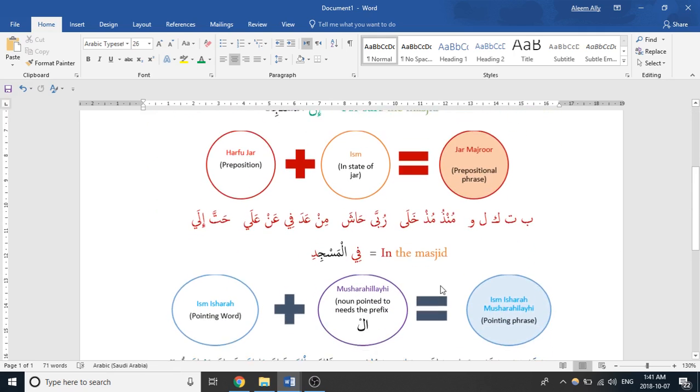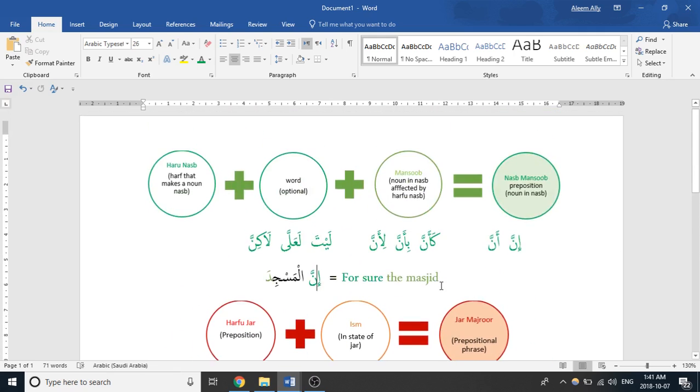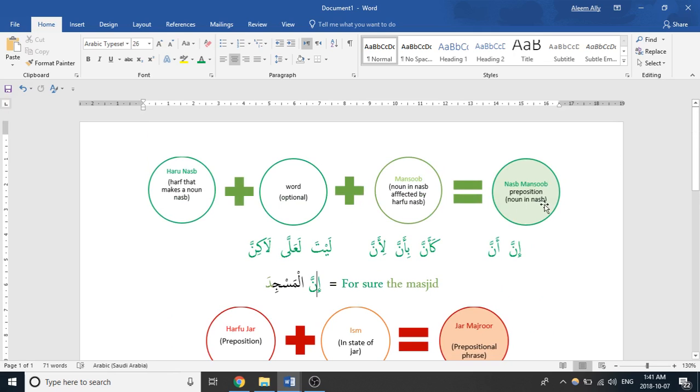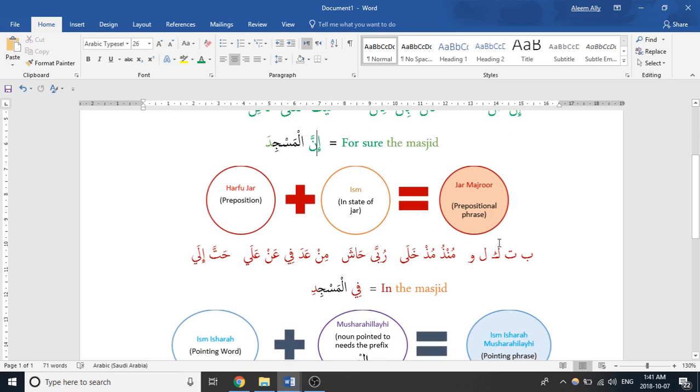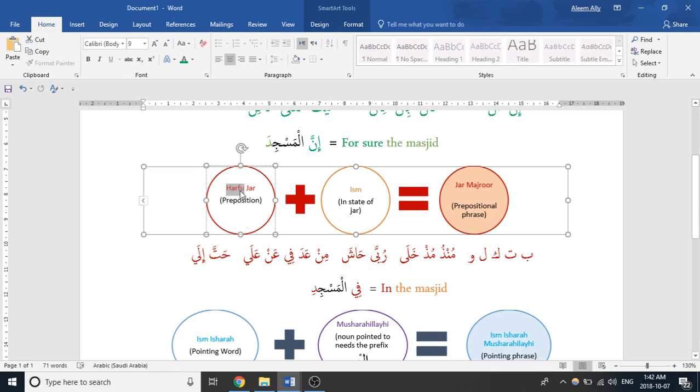Next up we had harfu jar, which is very similar to nasib mansub. So the phrase for it is known as jar majroor, and it is a prepositional phrase, and it's made up of 2 parts. The first is the harfu jar, which is a preposition, and it's basically a particular harf that forces the word that comes directly after it into a state of jar, which is usually represented by a kasra.